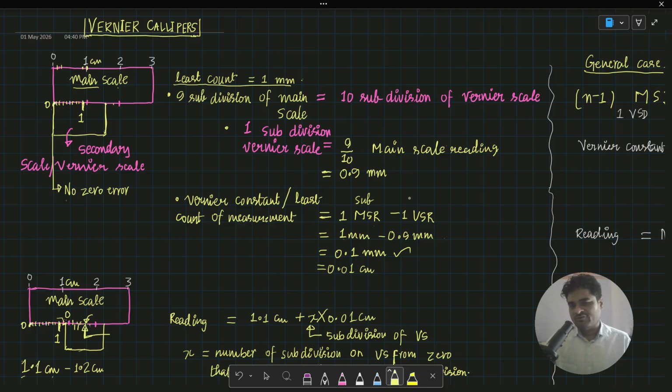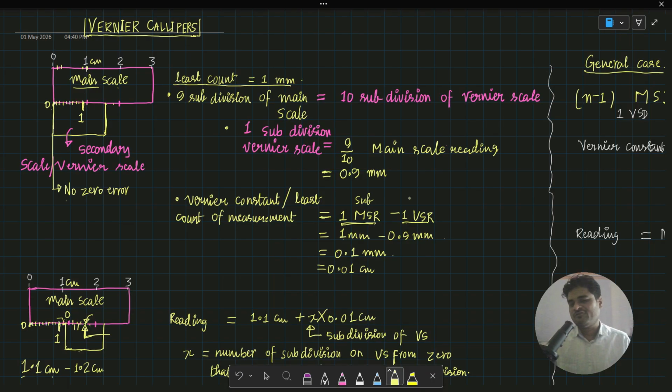So Vernier constant is 1 main scale subdivision minus 1 Vernier scale subdivision, which is 1 millimeter minus 0.9 millimeter, and from here we get 0.1 millimeter or 0.01 centimeter.